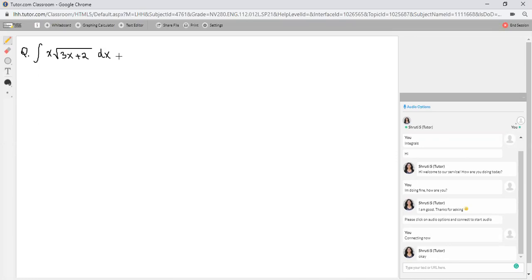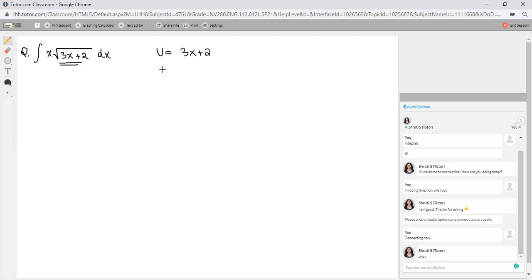Yeah, I have, but I'm just sort of confused about why we do the process. For instance, in this case, we would use U substitution, I believe. And the U would equal 3x plus 2, right?